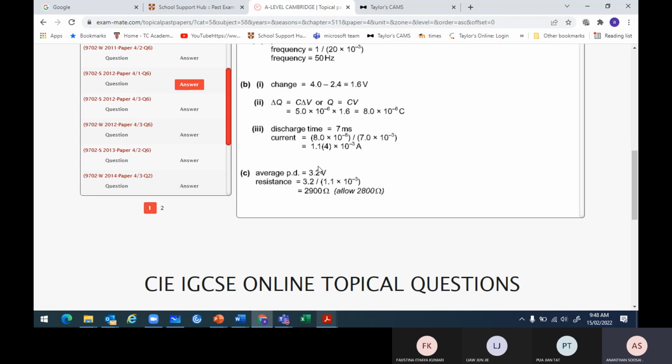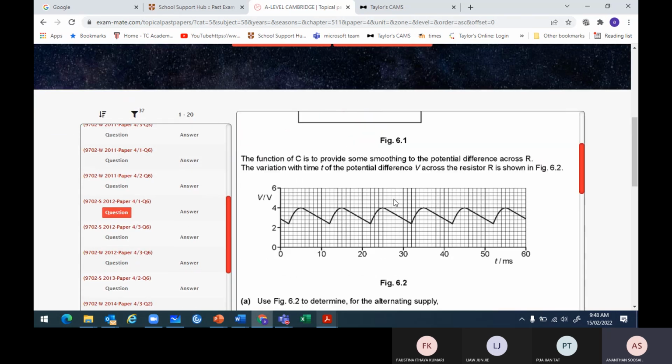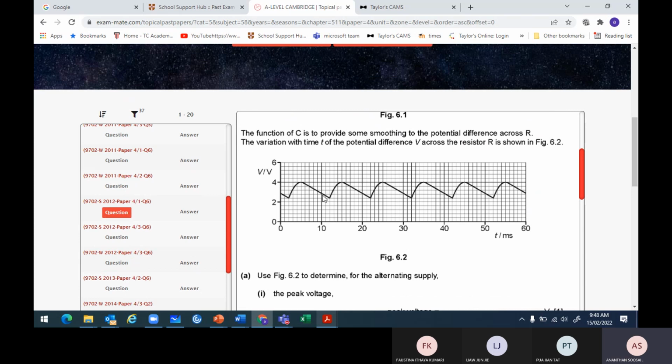Average PD 3.2. The PD they use is this PD. You know the average of 4 and 2.4 is how much? 4 plus 2.4 divided by 2 is 3.2, right? So they take this average voltage.